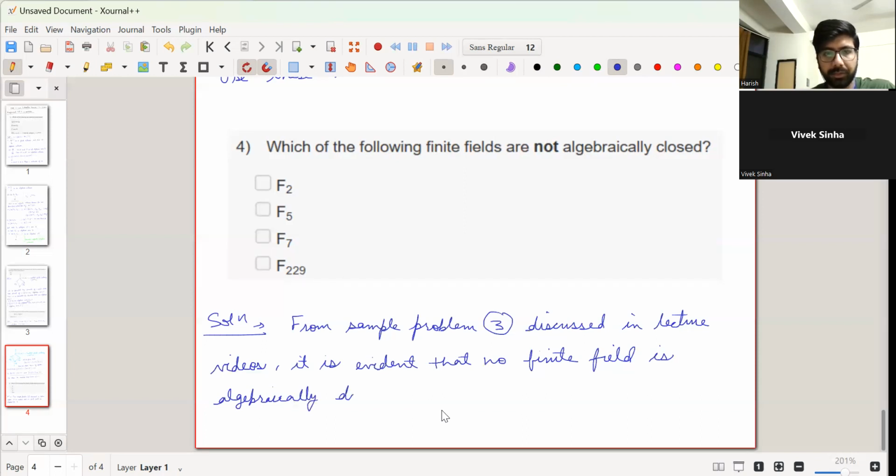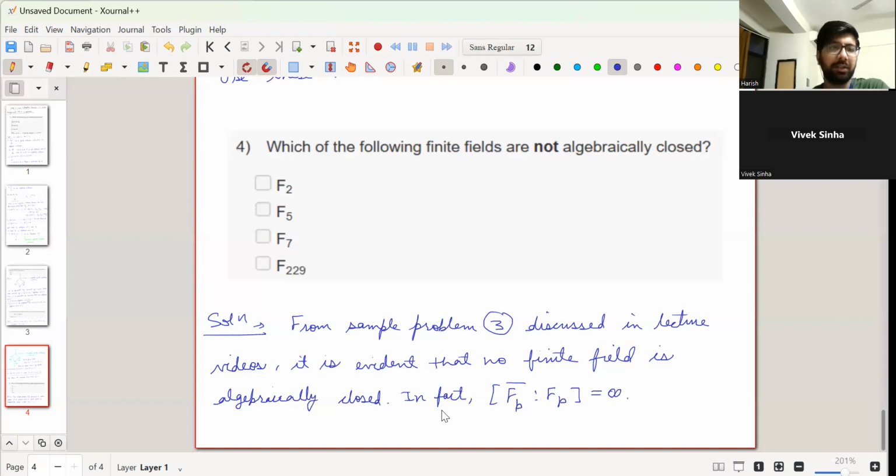So that sample problem tells you that each finite field is not algebraically closed, and in fact you have F_p closure, its degree over F_p to be infinite.